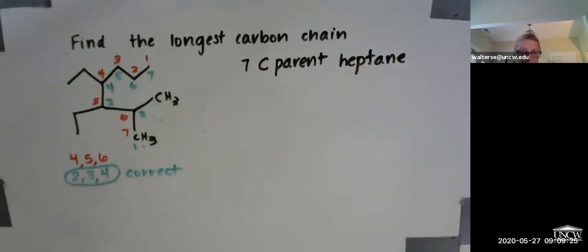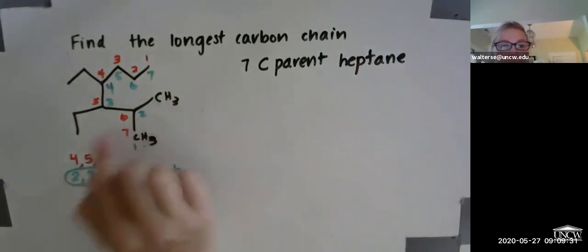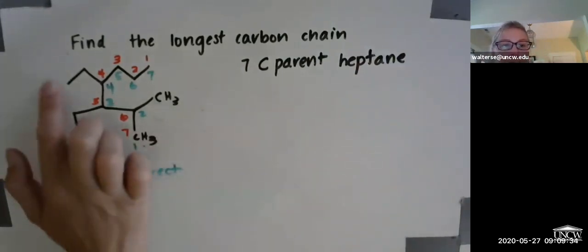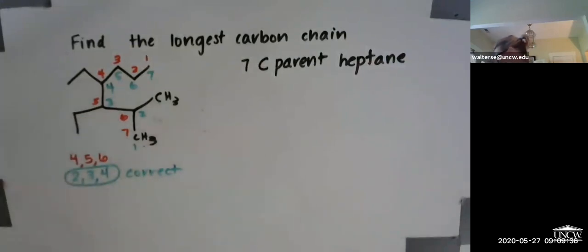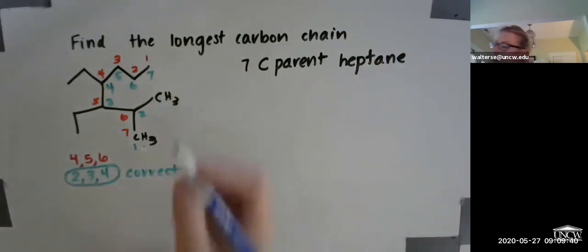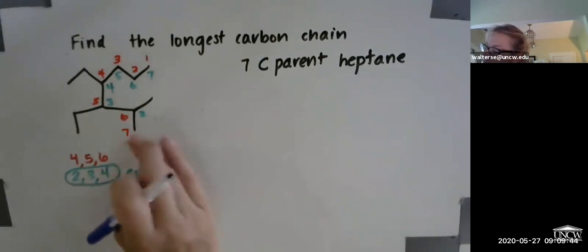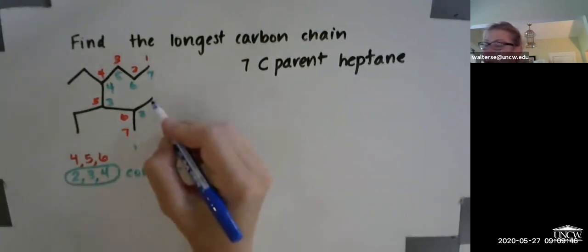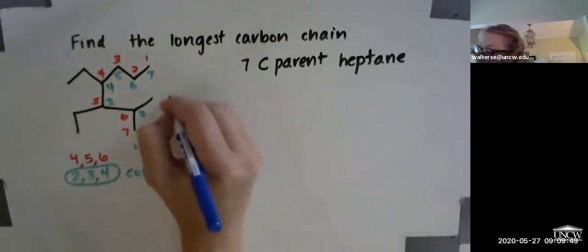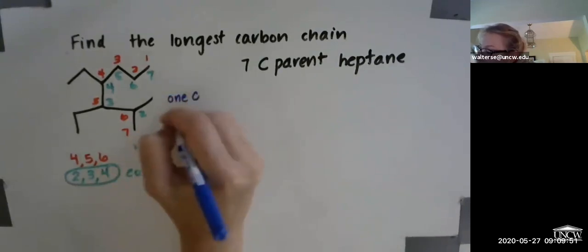Now what we have to do is identify these groups as substituents that are coming off of the chain. So I'm going to erase these so it's a little cleaner. Over here on carbon 2, you have a 1 carbon substituent.